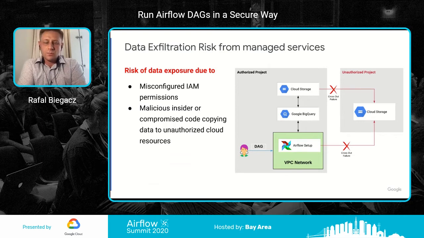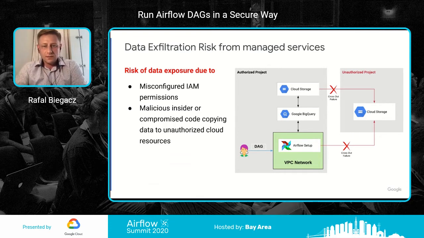Now we are talking about malicious insiders, or maybe DAG developers who have a bug in their code, or by mistake included some compromised code in their DAGs. Unfortunately, the review process for your DAGs didn't discover this issue. So now in your production Airflow instance, you have DAGs that could be a threat to you.